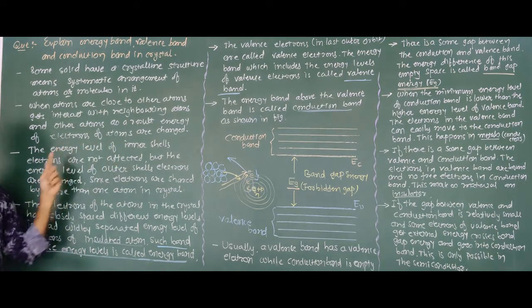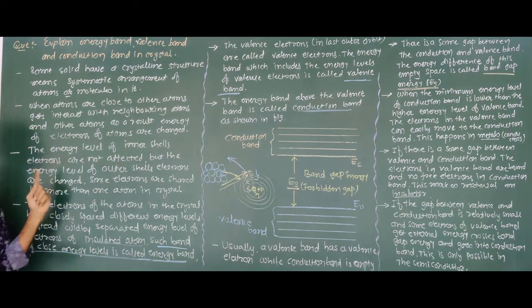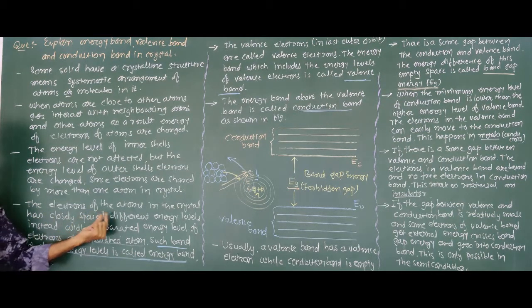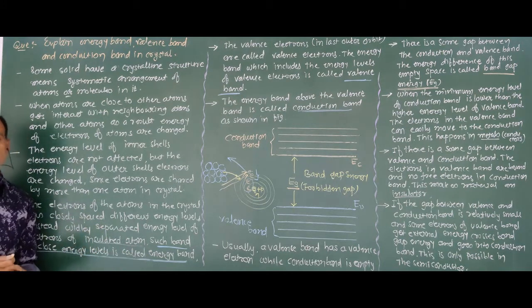The energy levels of the inner shell electrons are not affected, but the energy levels of the outer shell electrons change, since the electrons are shared by more than one atom in the crystal. The electrons of the atoms in the crystal have closely spaced different energy levels, and these energy levels are known as the energy band.